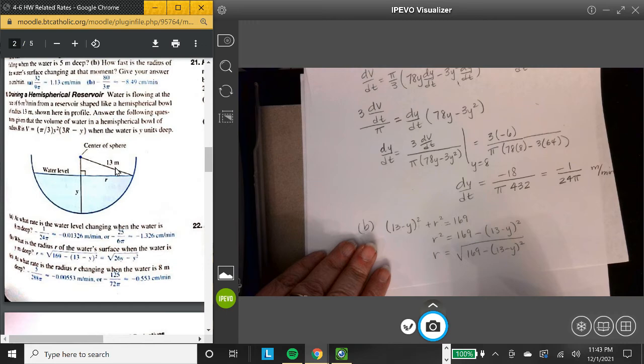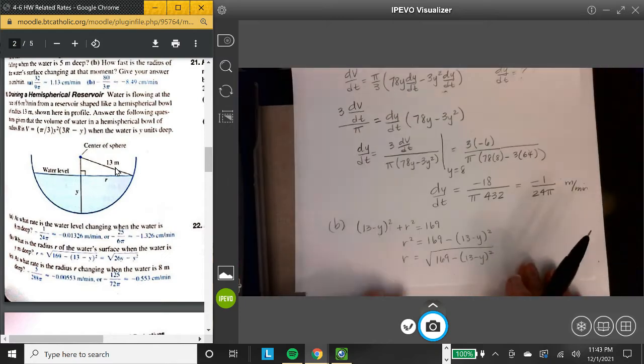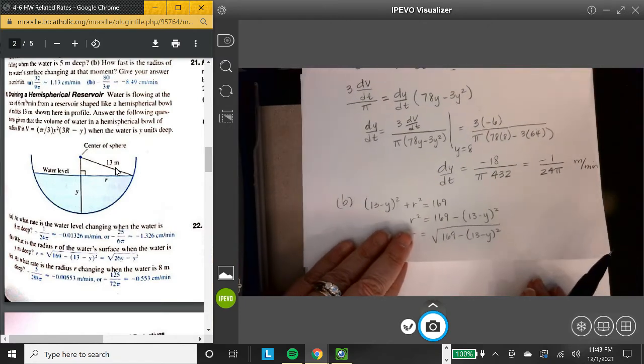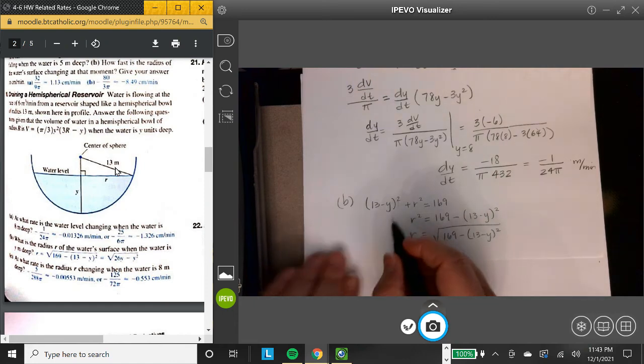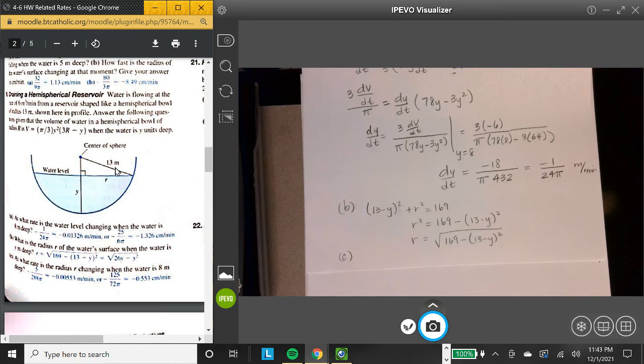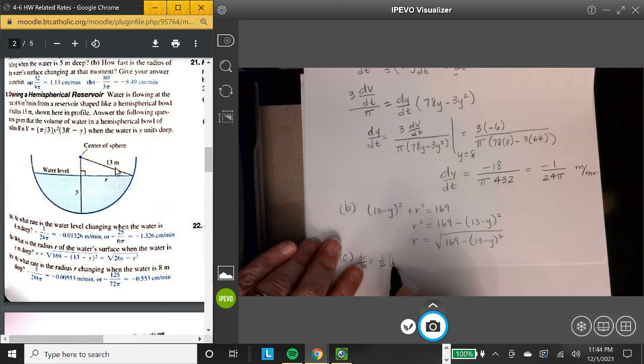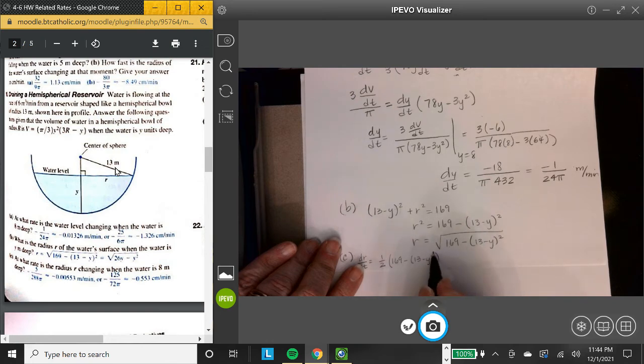Part C: at what rate is the radius changing when the water is 8 meters deep? They want the rate of change at our Snapchat moment. So I have to take the derivative of this with respect to time. Power down: dr/dt equals 1/2 times (169 minus (13 minus y) squared) to the negative 1/2, times the derivative of the inside.